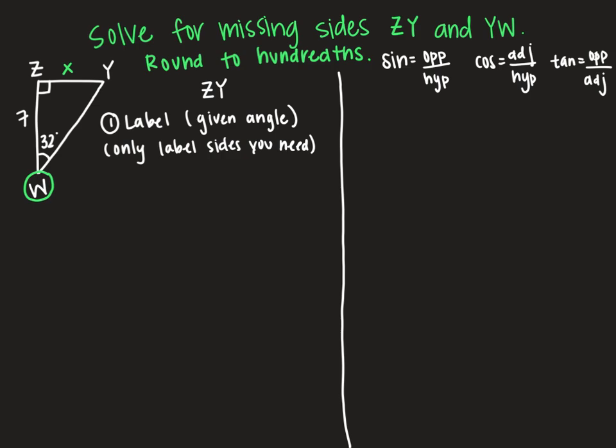So remember, if I cover up w, the side that I don't touch is going to be my opposite side. So this side, where x is, is my opposite side. The side that's across from the right angle is my hypotenuse, but that's not a side that I need, so I'm just not going to label it right now. And then the other side that I don't have here is going to be my adjacent side.